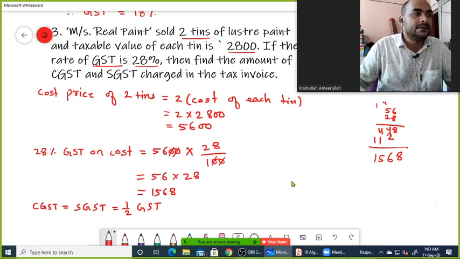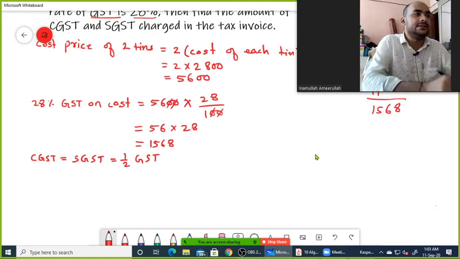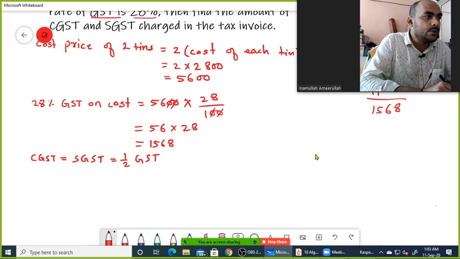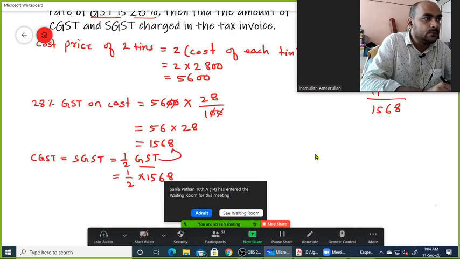In next step we will do the calculation where we are going to divide GST amount into two equal parts. So half of GST, that is 1568, because GST is 1568.